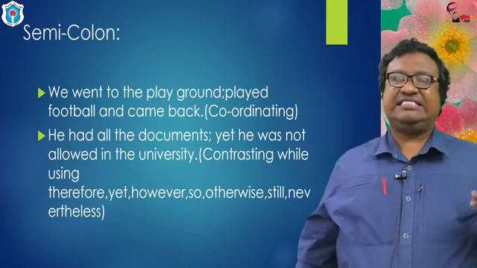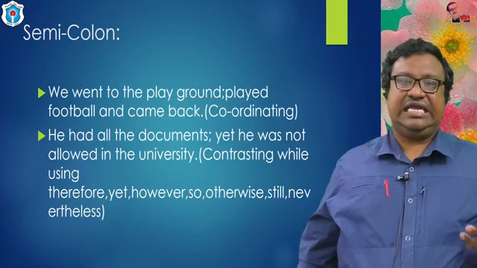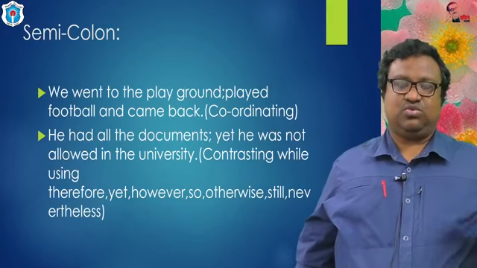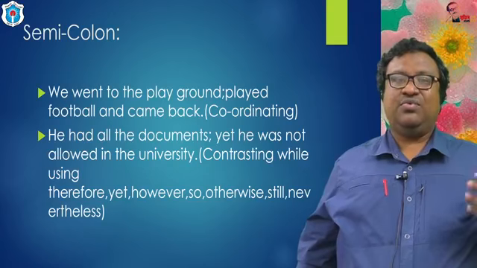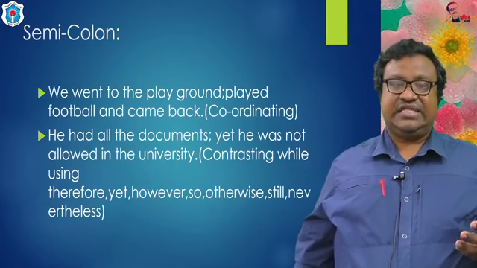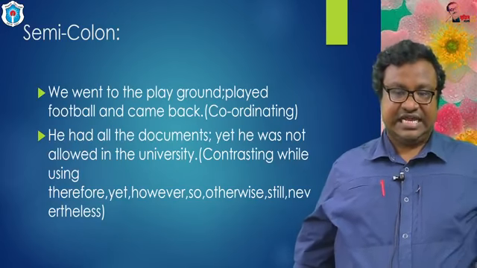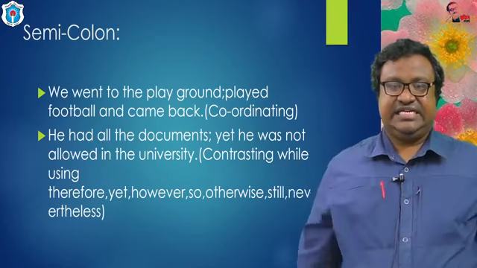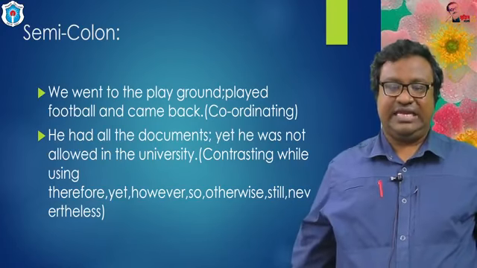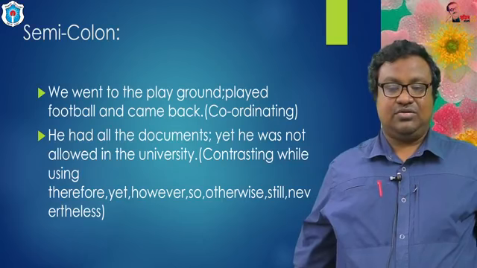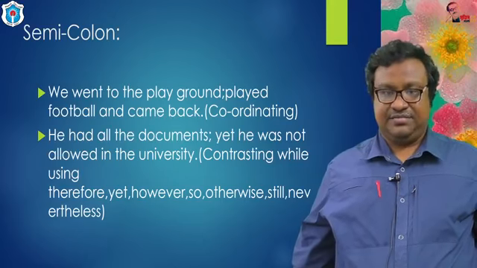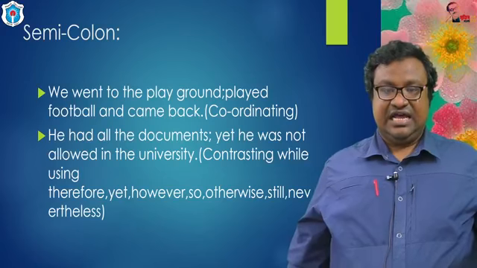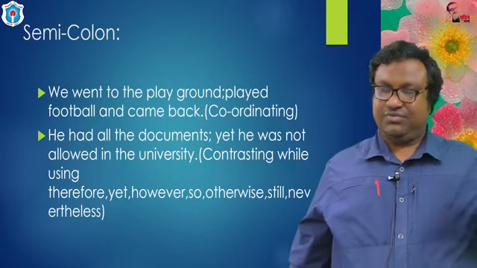So we can say that comma usually is used when we are dealing with words or sounds, while when we are dealing with clauses, like in the first example, if we divide this sentence, what we will get? We went to the playground, we played football, we came back. So we are adding all these sentences, joining them with a semicolon.